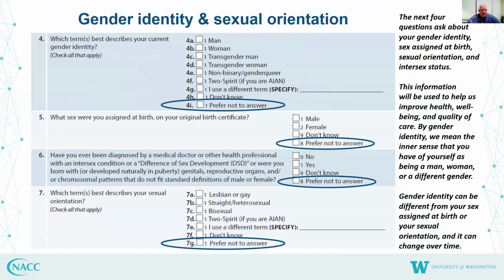The next set of questions go into gender identity and sexual orientation. These may be touchy issues for some individuals. I did want to point out that there is a prefer not to answer option. For all of these questions, we want to make sure that our participants feel comfortable. We'd like to encourage them to share what they're comfortable sharing.